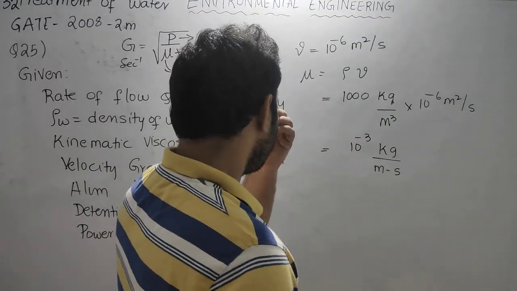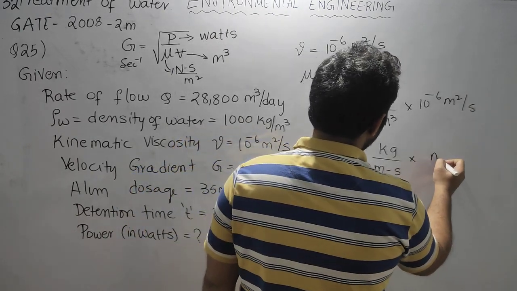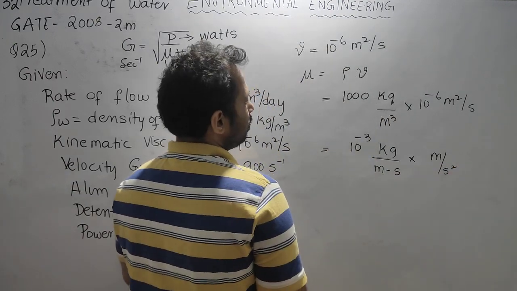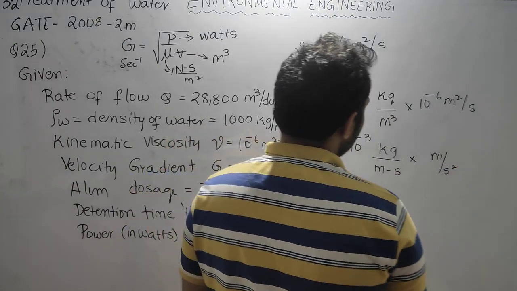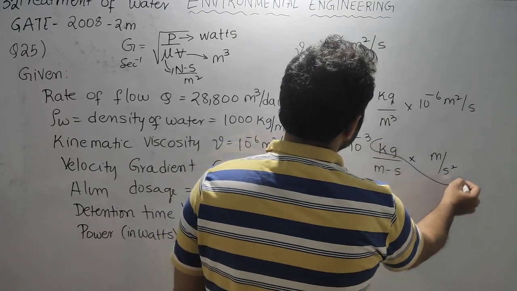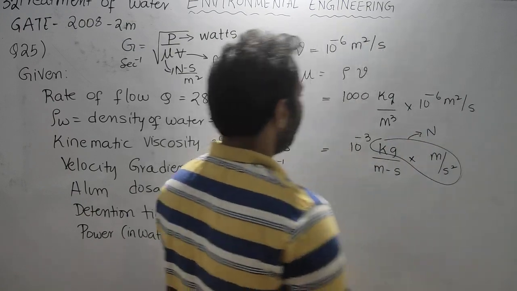If I want to convert this into Newton, I need to multiply it with meter per second square. If I multiply it with meter per second square, this is called Newton, so Newton per meter second.